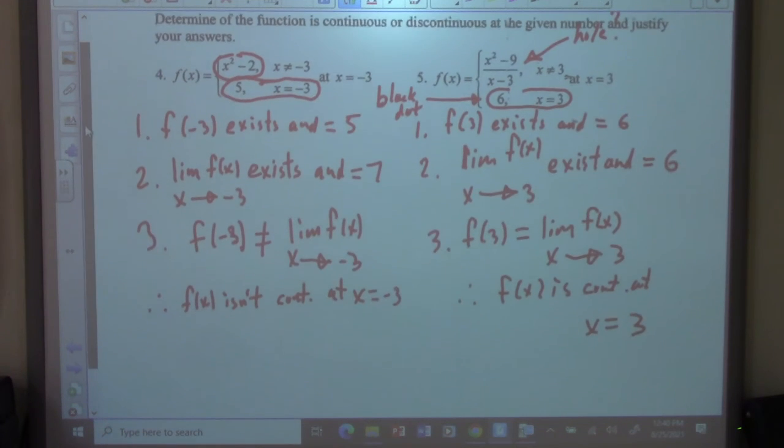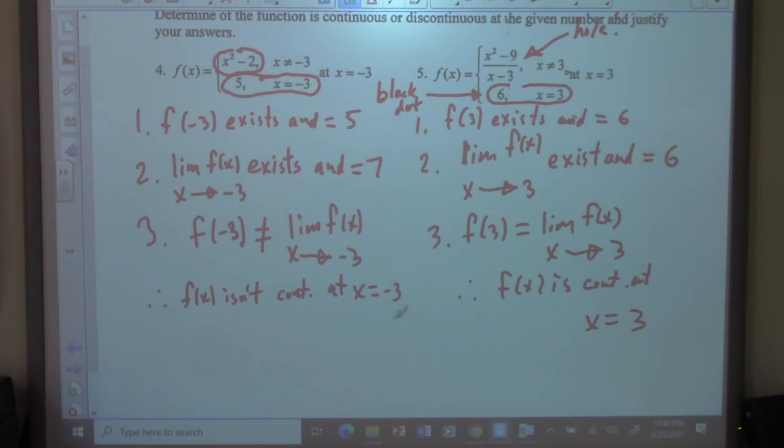Because that's really a crux here. Because what happens is, on number 4, for instance, we have this function x squared minus 2, right? And we're trying to evaluate what's happening at x equals -3.